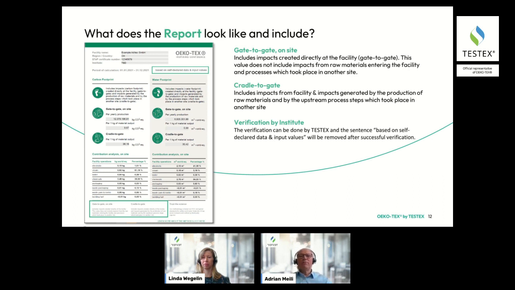Cradle-to-gate is the one I mentioned in the beginning, where the raw materials come into effect, because for instance the growing of cotton uses a lot of water, and the water footprint is included in the cradle-to-gate. That's why this figure might be very high compared to the gate-to-gate figure. That gives the facility a good feeling for how much water they use and what the footprint of their facility is compared to the cradle-to-gate. It's displayed both ways in our final report.